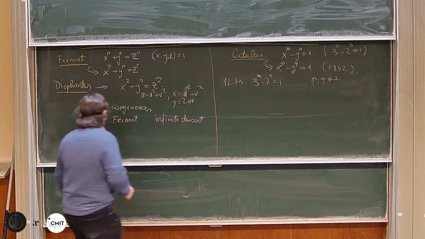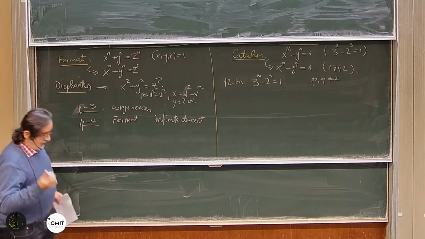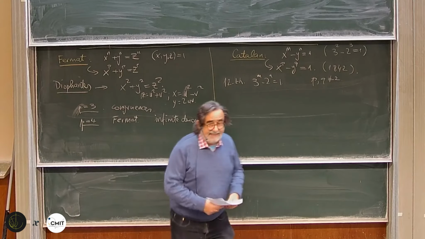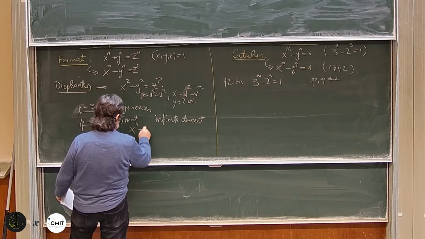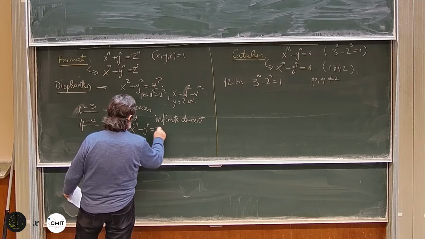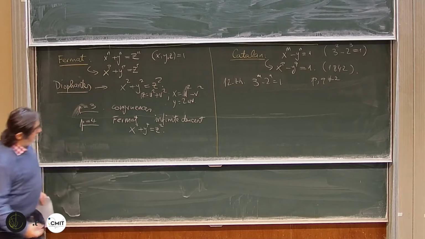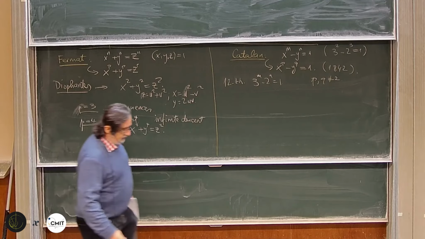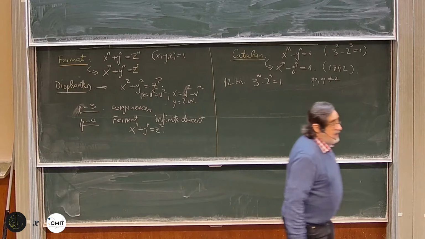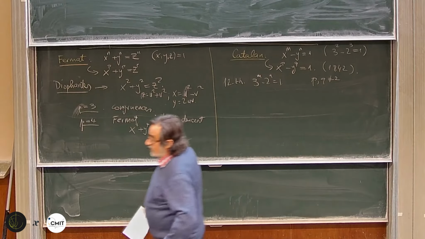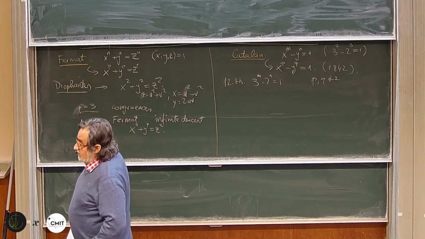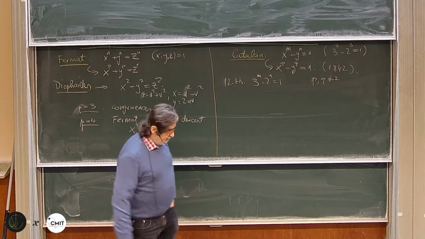The method of infinite descent originated with Fermat, and the idea is that assuming you have a solution to a slightly more general equation, he considered this equation, so z does not necessarily have to be endowed with the exponent 4, it's enough to be 2. Of course, z to the 4 is also the square of z squared. So it's a generalization of the case n equals 4.